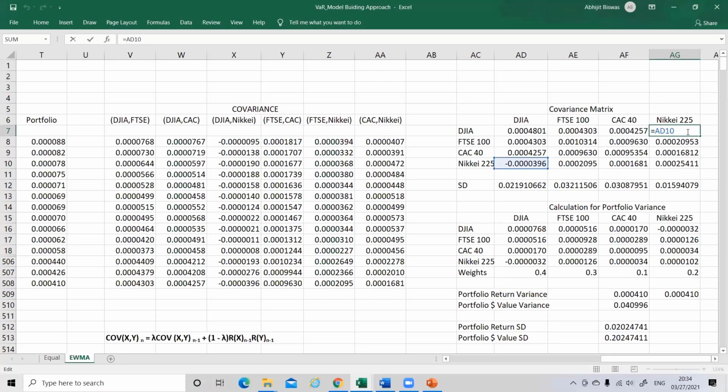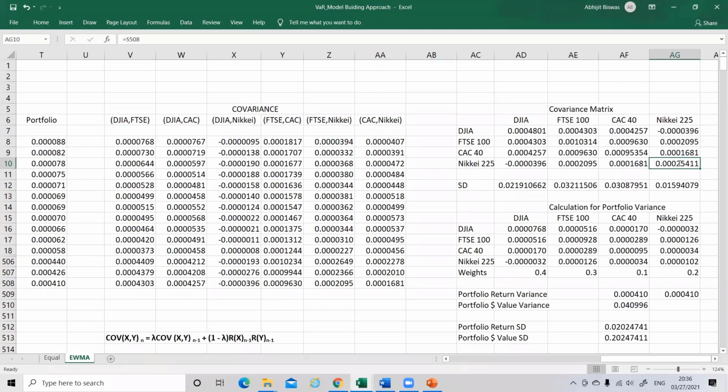In AG7, type AD10. Then come to AG8 and type AE10. That is all. Come to AG9, that is equal to AF10.